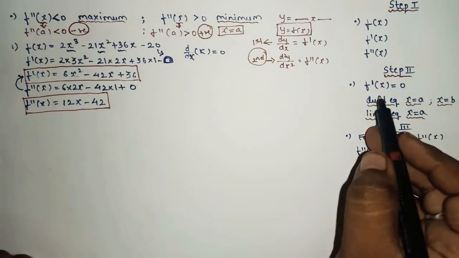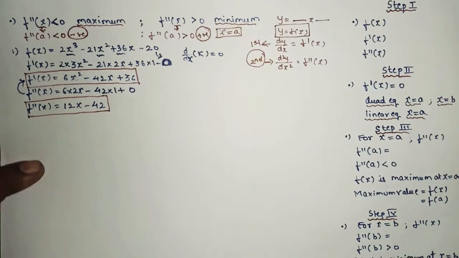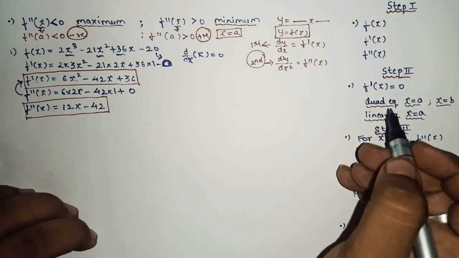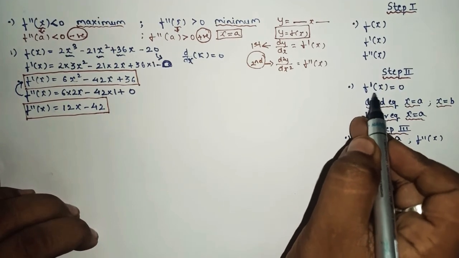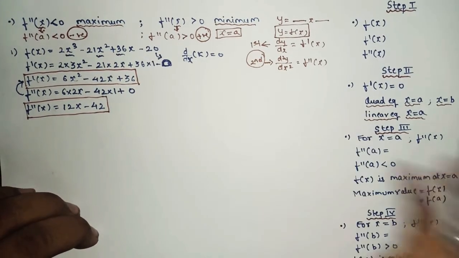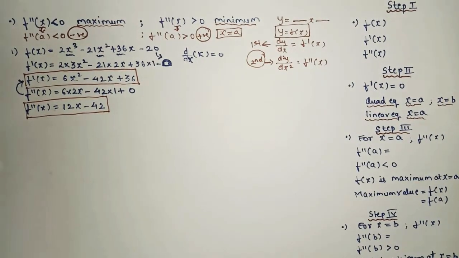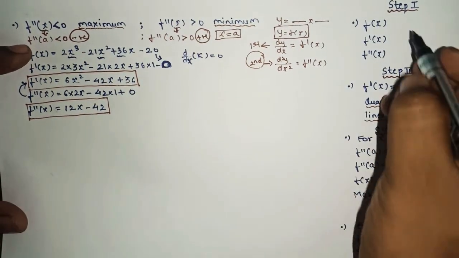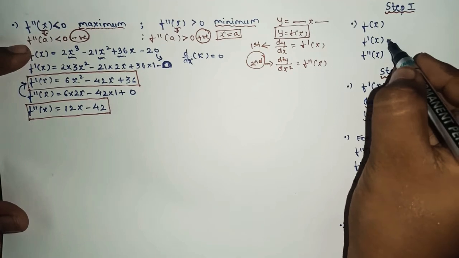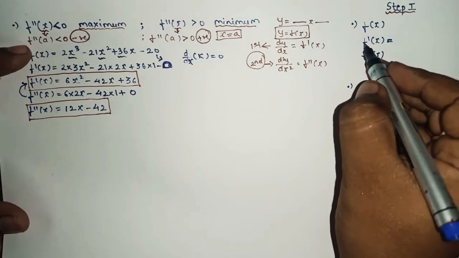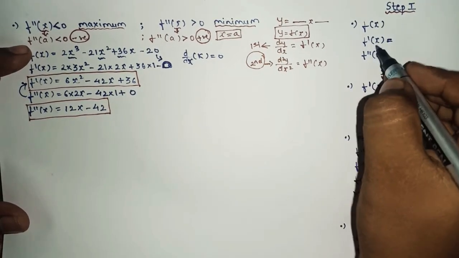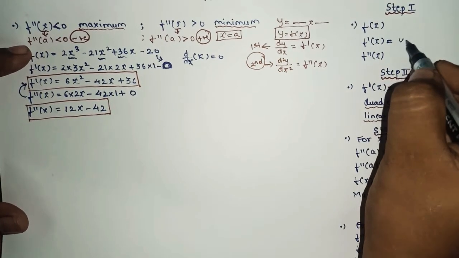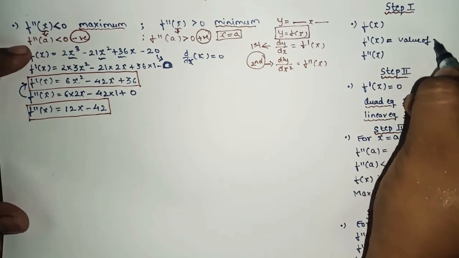It means what? Now in step number 2, according to the first step, at that particular point f dash x, you will get the value of x. So remember, here I will write at the second point, f dash x, you will get the value of x.